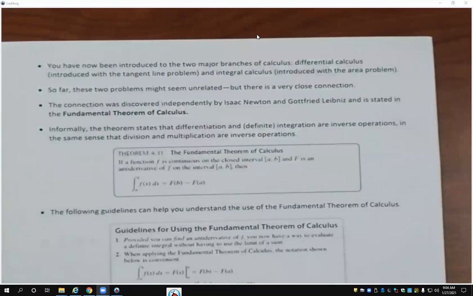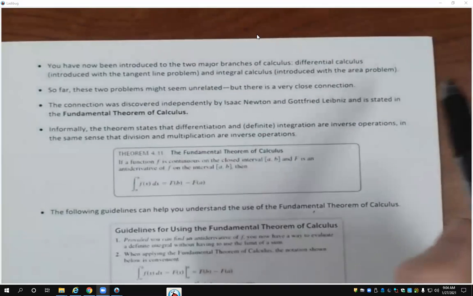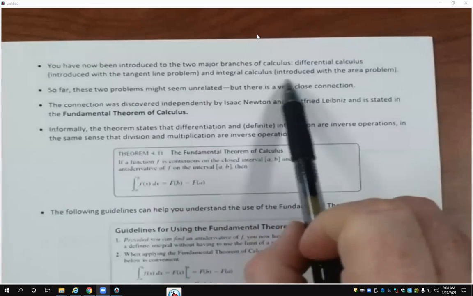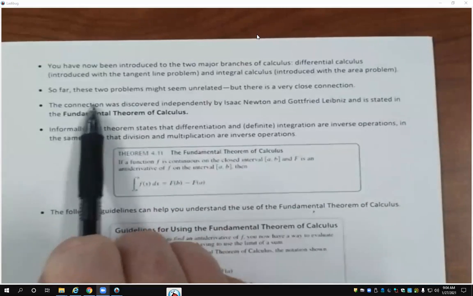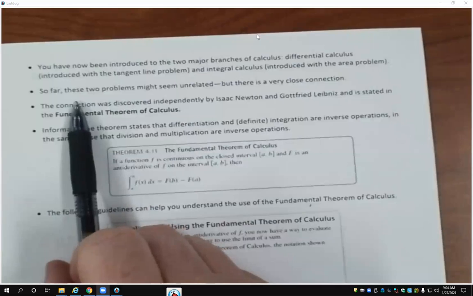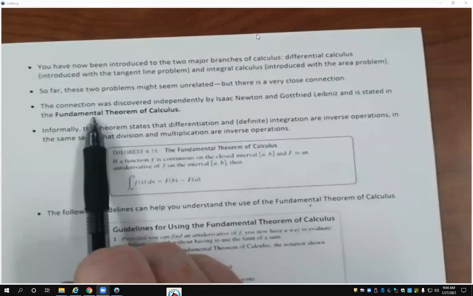Then at the end of December and the beginning of January, we started working on integration, and more recently, definite integrals. Integrals are the area problems that we've been doing. Before this, these were unrelated, but now we're going to see the connection.